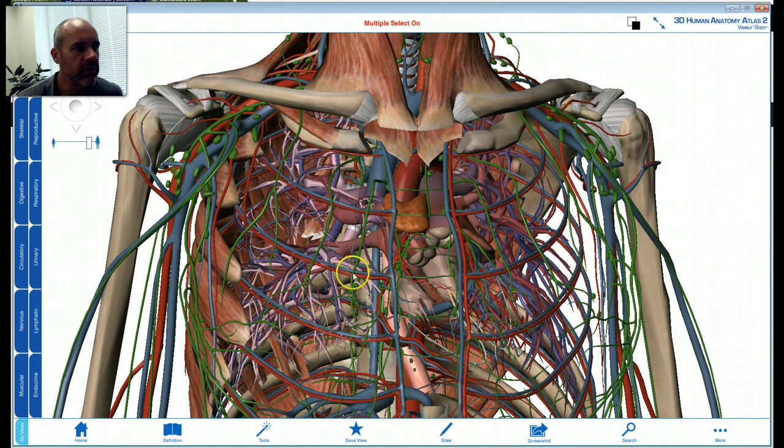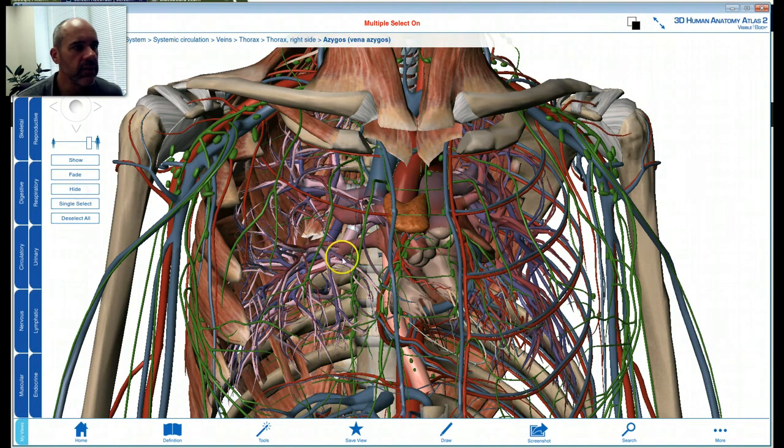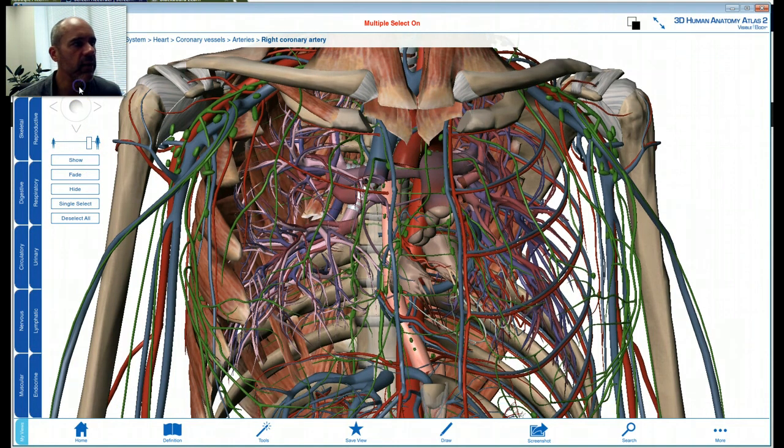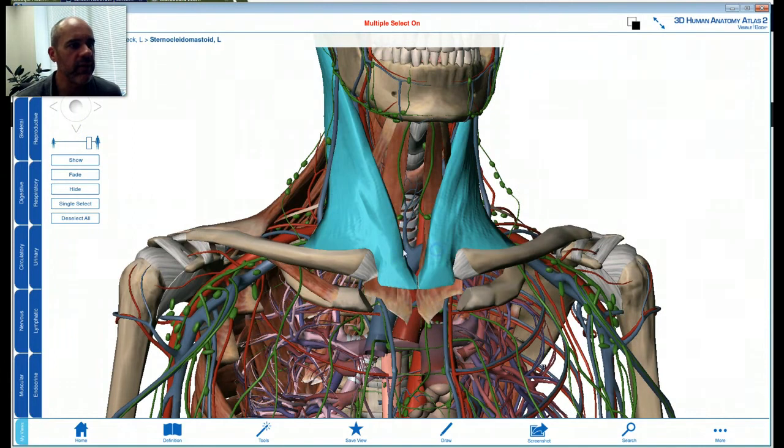All right, deselect all. Go away. All right, so now you can see more of it exposed there. There's the esophagus. And if we move up higher here, let's strip off these muscles.